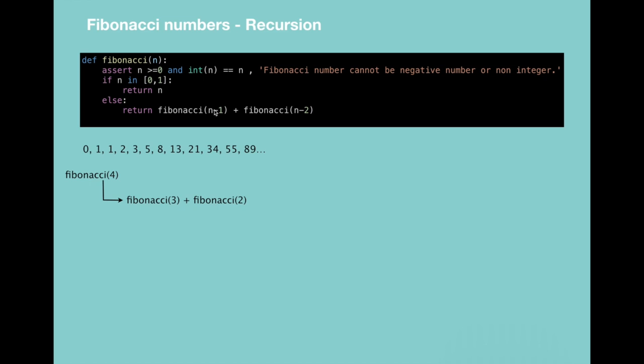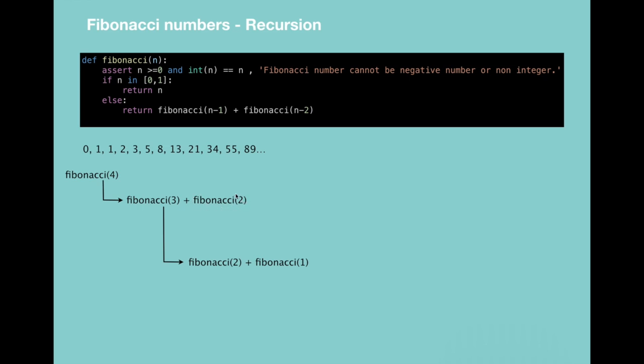Here our function will call recursively again twice. So when calling a Fibonacci function with parameter 3, it will call two different functions recursively. The first one will be with the parameter of 2, and the second one will be with the parameter of 1. Now, in this case, we have another function over here, which is calling recursively as well.